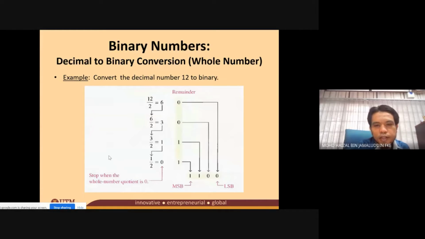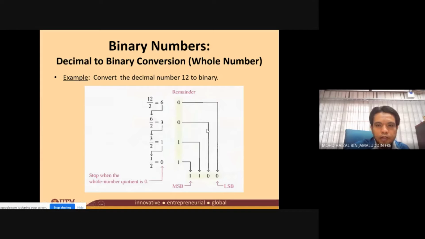So we only take the remainder, and the remainder value we took from the last value, which we can write as the most significant bit. And the whole process of dividing only stops when this quotient is 0. So that's how you convert from decimal to binary for the whole number.